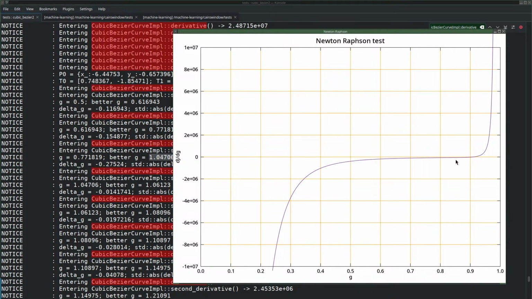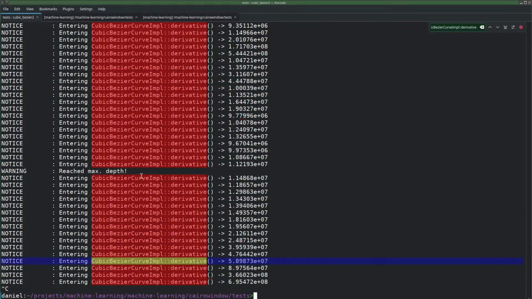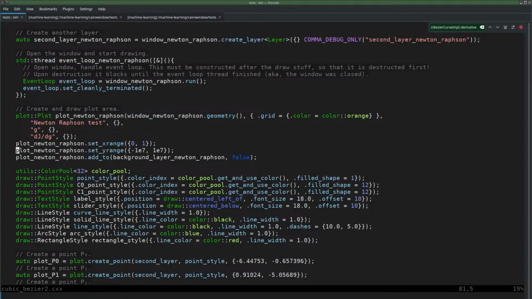I'm going to blow it up a factor of 10, because it's definitely going wrong here somewhere. And let's draw this from, well, 0.5 is good enough. And let's go to, I don't know, 2.0.